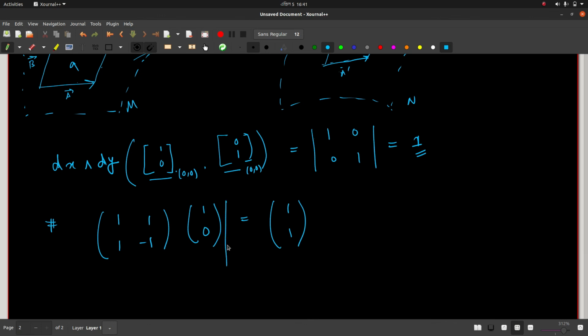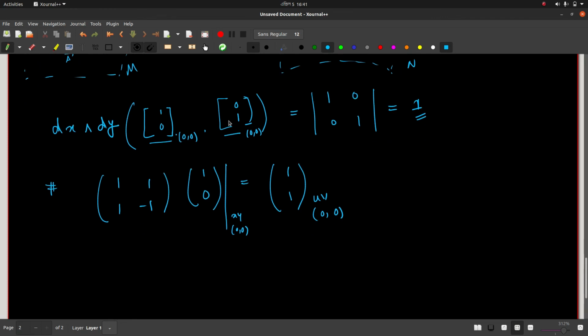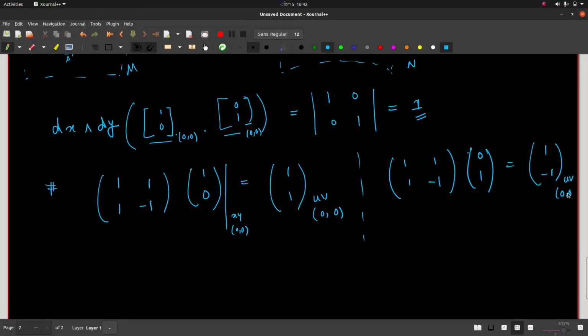So again note the fact that this is coming from the xy plane or the manifold where you are equipped with the xy coordinates and on point (0, 0), and this is on the uv manifold where this (0, 0) point will get mapped to (0, 0), like this. Okay, and then similarly this (0, 1) will get mapped as follows. So this will be (0, 1), and this will get mapped as (1, -1). So this is on uv (0, 0).